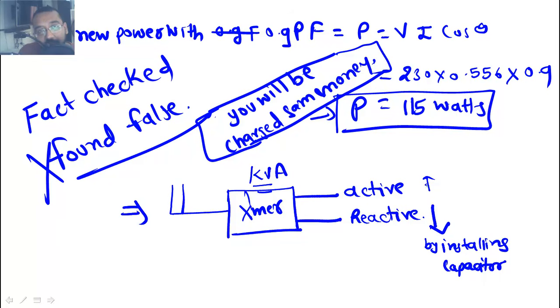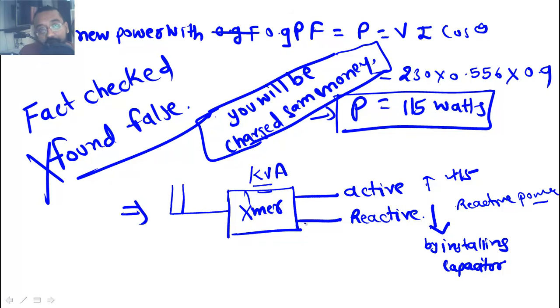Now if you are not installing the capacitor, then the active power, that 115 volt, was constant and there was some value of reactive power.